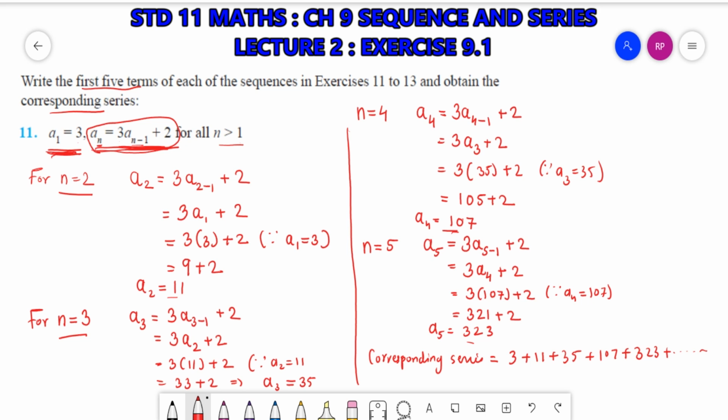So this is the corresponding series, and the required terms are 3, 11, 35, 107 and 323. Clear? So this was about question number 11. Just note it down.